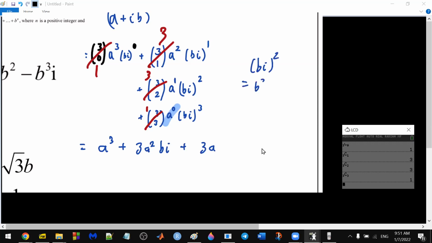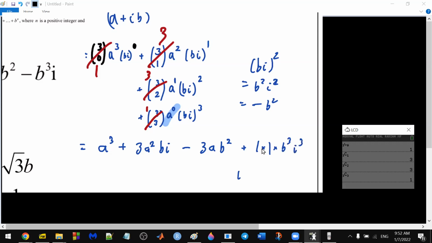What's bi square? b square i square, which is negative b square. Then negative in front, so change the plus to a minus. Don't forget the 3a, then b square. No more i's, because i square becomes negative 1. Then you add on 1 times a to the power 0, which is 1, times bi cube, which is b cube i cube.